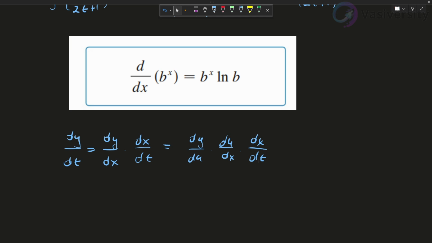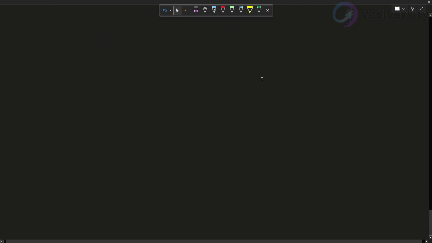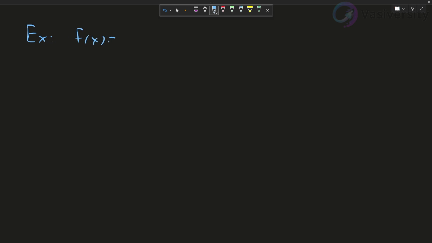So let's go ahead and take a look at the following example. We're going to have f of x equal to sine of cosine of tangent of x.